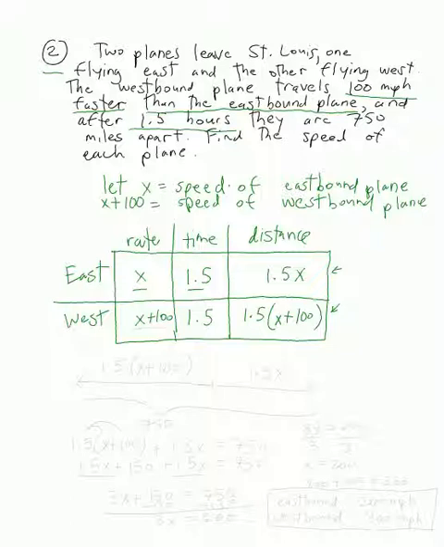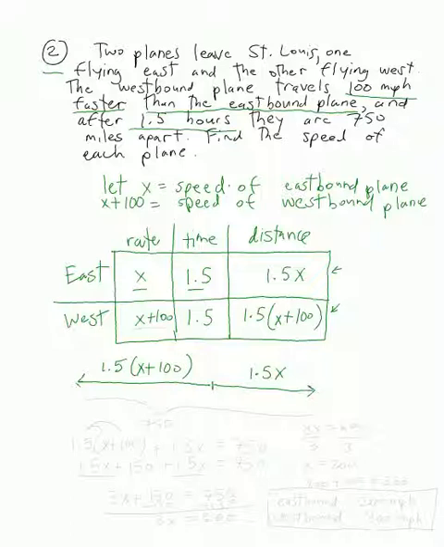Now, this is the tricky part. So the eastbound plane, we've got one plane that went this way, and this plane went a distance of 1.5x. We've got another plane that went this way, a little bit further because the west one is the faster one. So let's say this one, we already know how far it went, 1.5 times x plus 100.